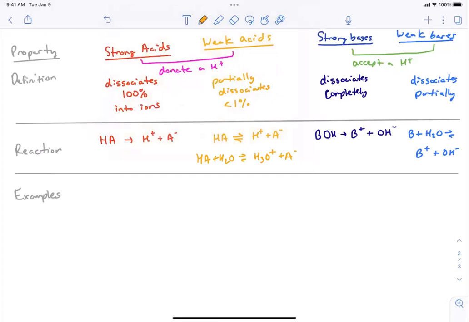That's the same thing. But with the weak base, you need the water present to be able to explain it. Yeah, you do need a source to accept the hydrogen from it. So that's the water.